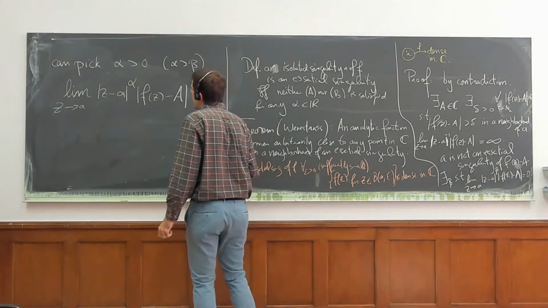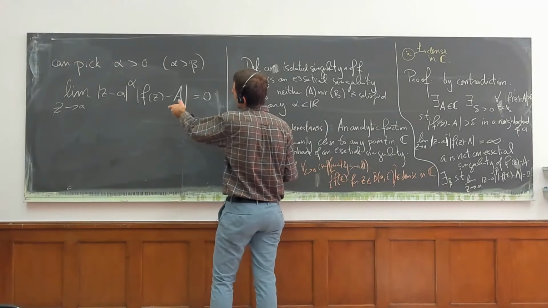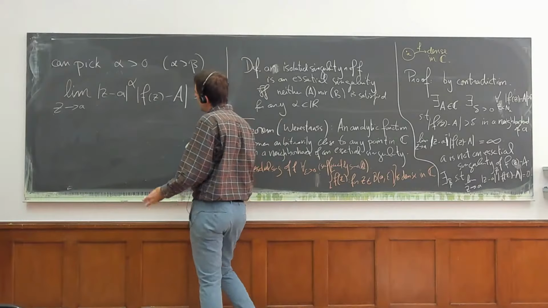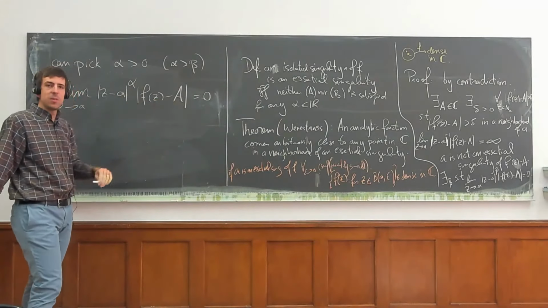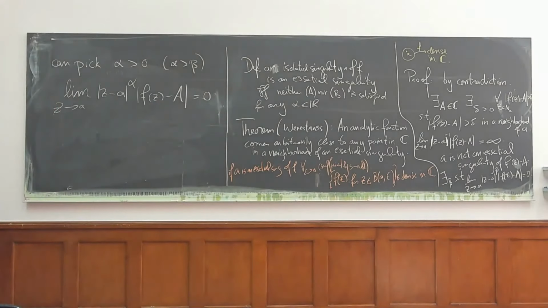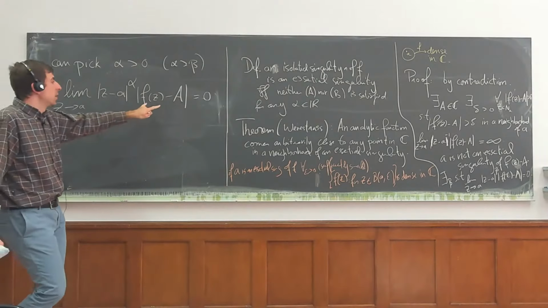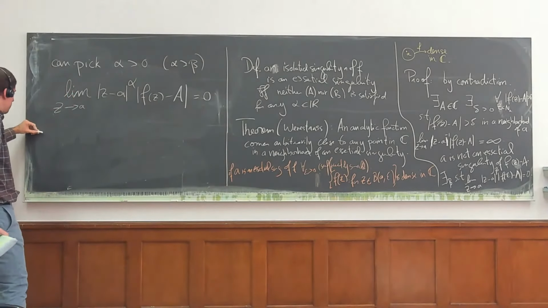But if this is the case, now I can just use the triangle inequality, because the limit of (Z - A)^alpha times A, because A is fixed, is for sure going to 0. Let me write that a bit more carefully.